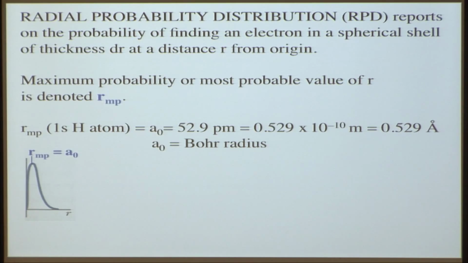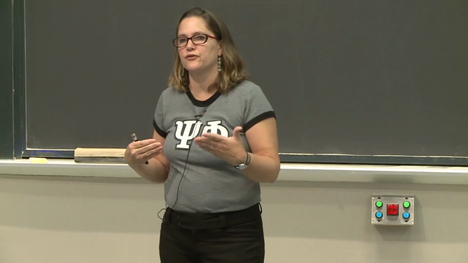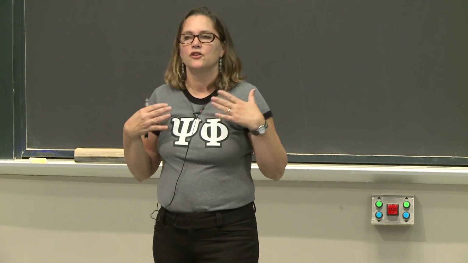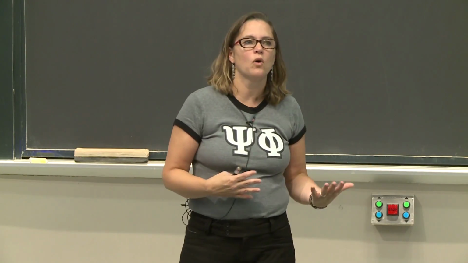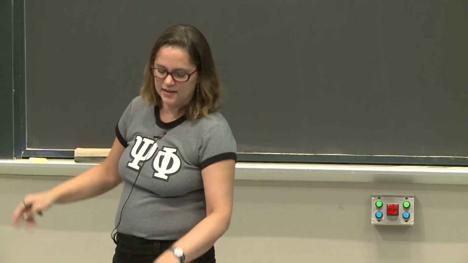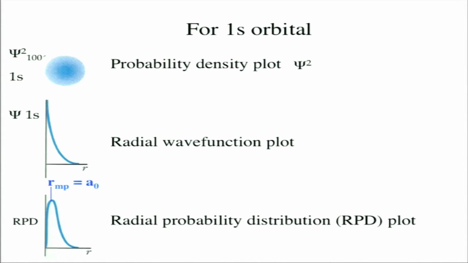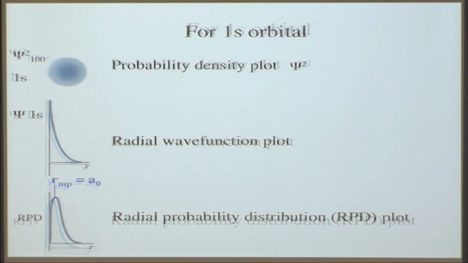So we have now these 3 different kinds of plots that you'll see, and I want to point out that they're different plots. Sometimes people think that there's one plot and they try to read one of them as probability density, and that's not what it is. So we'll look at these again. Again, we have our dot density, probability density plot, our wave function plot, and our radial probability distribution plot.